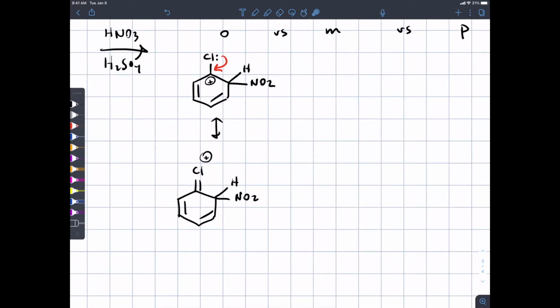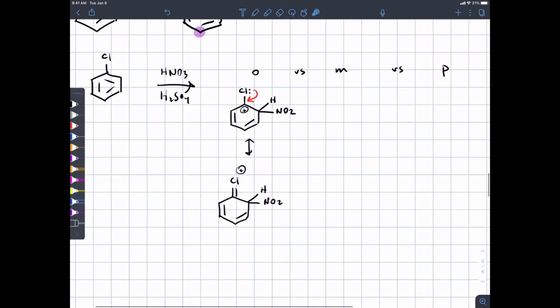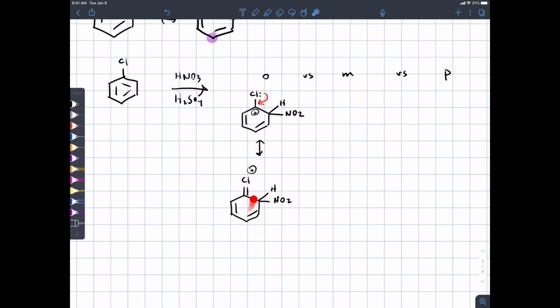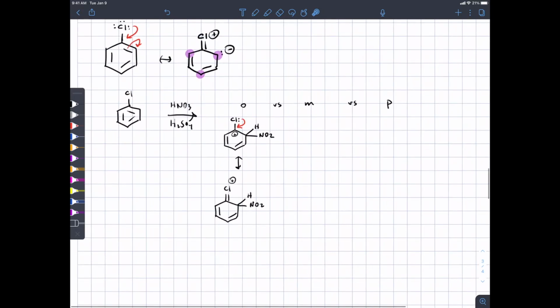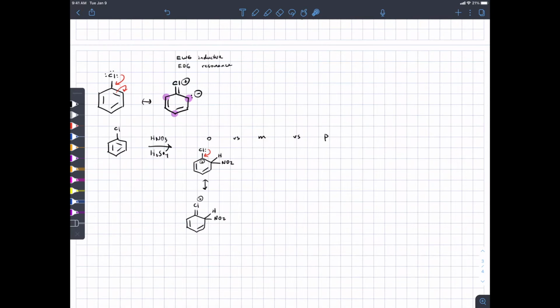Notice that when we have that positive charge, the electrons from chlorine can stabilize that positive charge via resonance. This resonance structure looks okay in the sense that at least the positive charge in the ring is delocalized. Okay? So we will see that in terms of regioselectivity, for chloro and bromobenzenes, the electron donating effect is more important.